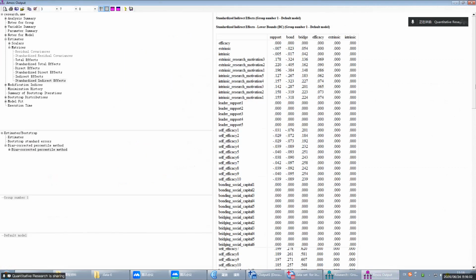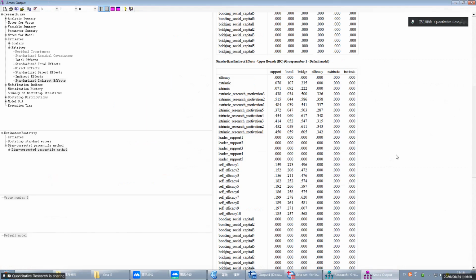We go further. Bridge to extrinsic motivation. The lower bound 0.054, right? Upper bound 0.235. From lower bound 0.054 to upper bound 0.235, does it contain 0?